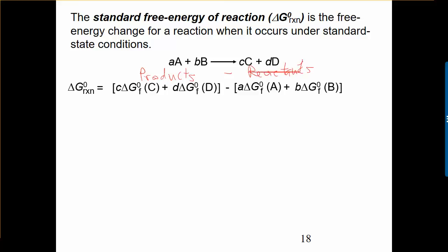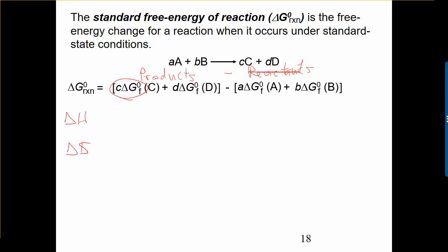This should be a very familiar equation now. It's exactly the same equation you use to find delta H and delta S. It's the exact same one. Products minus reactants. They give me the delta G of formation from my chart in the back of my book.